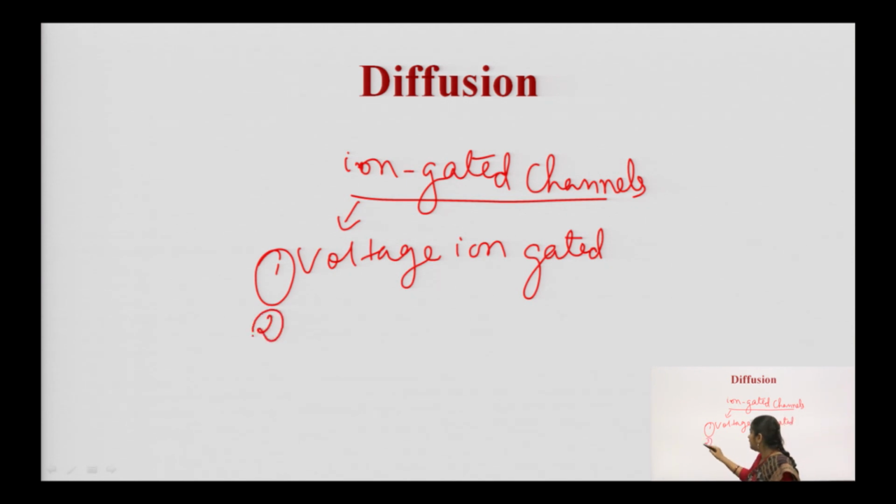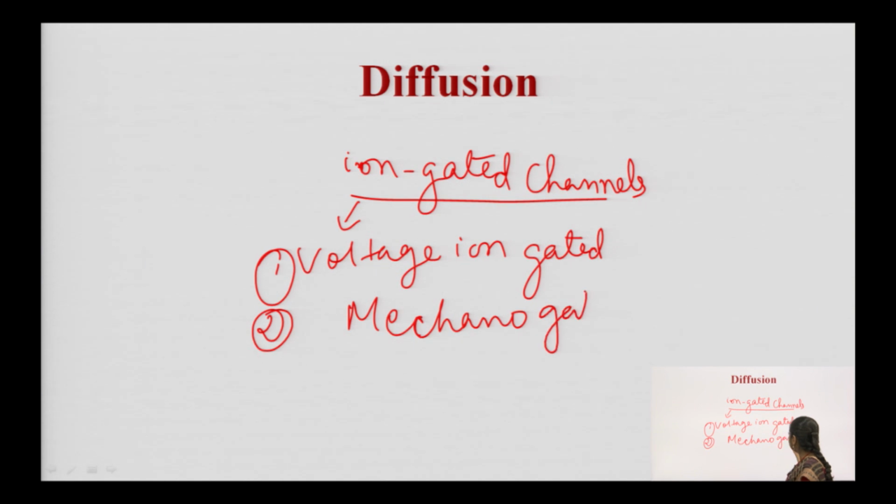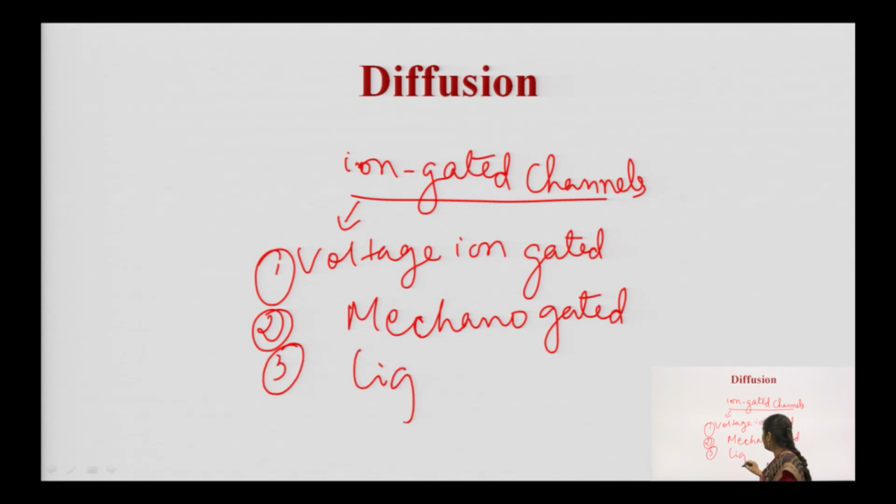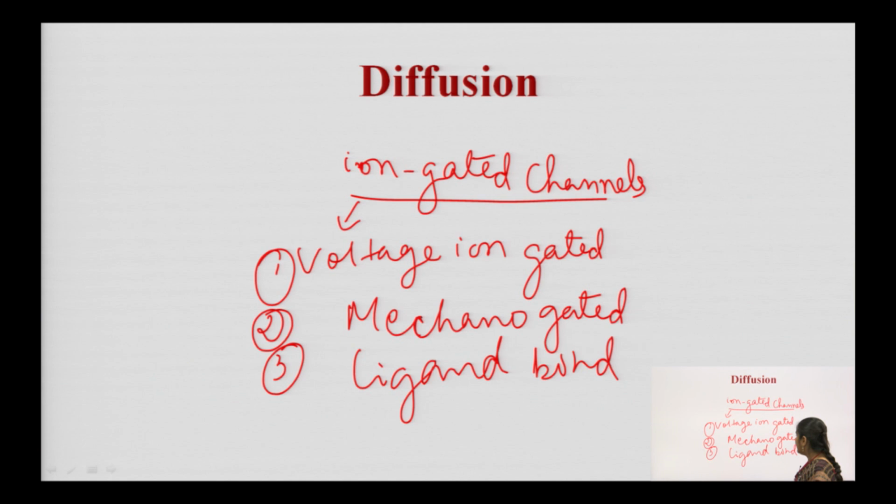Then the second is mechano gated ion channels. Third is ligand gated ion channels. In case of mechano gated ion channels, mechanical strength is used to open these channels.